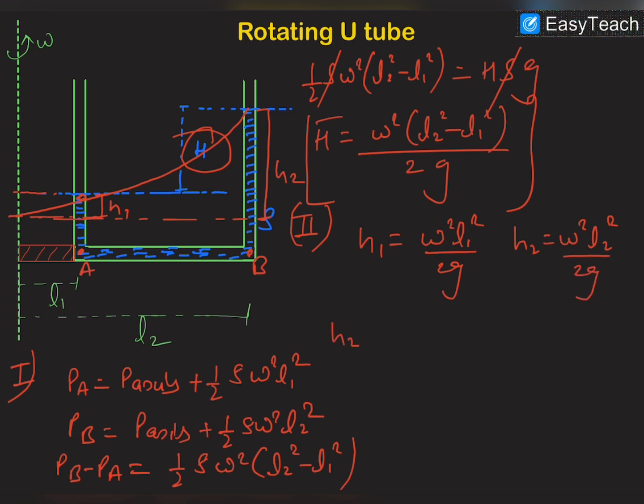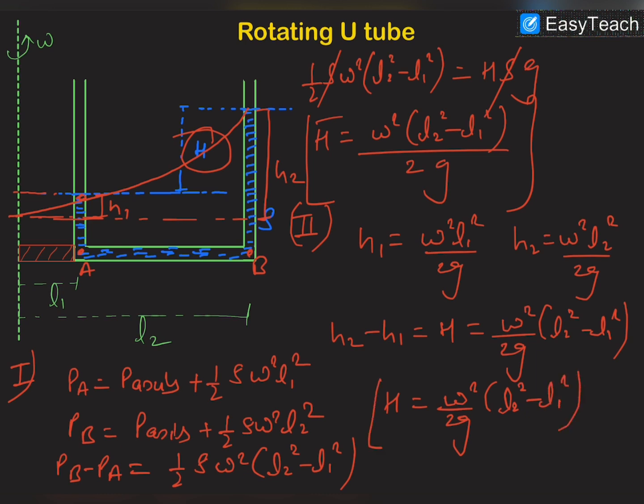So H2 minus H1 is obviously H, and it is equal to omega square by 2g into L2 square minus L1 square. So this is the same value of H which we have already derived from the first method.